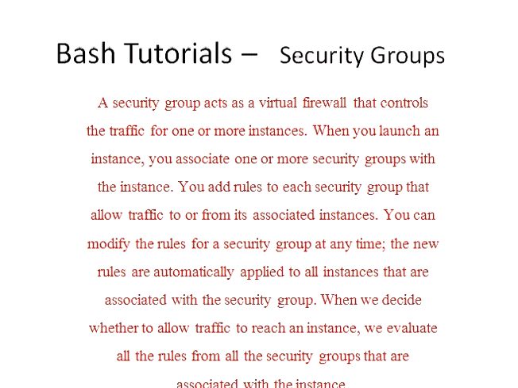When you launch an instance, you associate one or more security groups with the instance. You add rules to each security group that allow traffic to and from its associated instances. You can modify the rules for a security group at any time. The new rules are automatically applied to all instances that are associated with the security group. When we decide whether to allow traffic to reach an instance, we evaluate all the rules from all security groups that are associated with the instance. Simple. This is what AWS says.